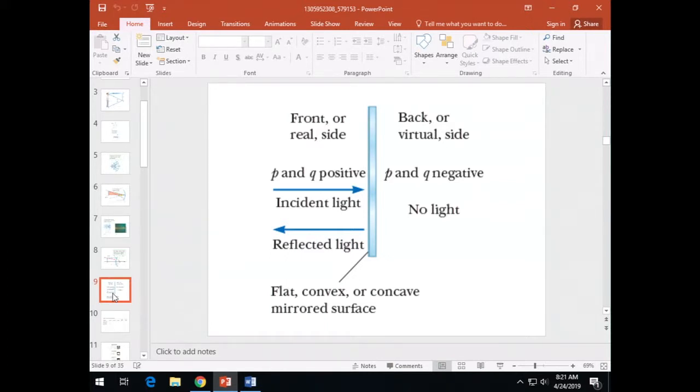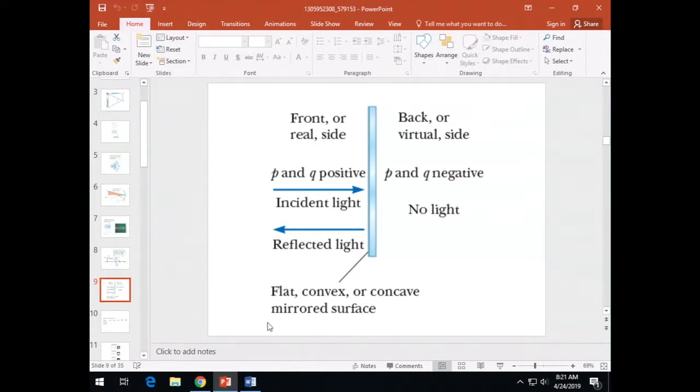Then there's the back side, the virtual side. Remember, if I put a piece of paper there, I'm not going to be able to see any rays of light. Just like my mirror with my laser pointer, the light bounces directly back out and there's nothing really behind it. But if I'm looking with my eye, it looks like there is something behind it.